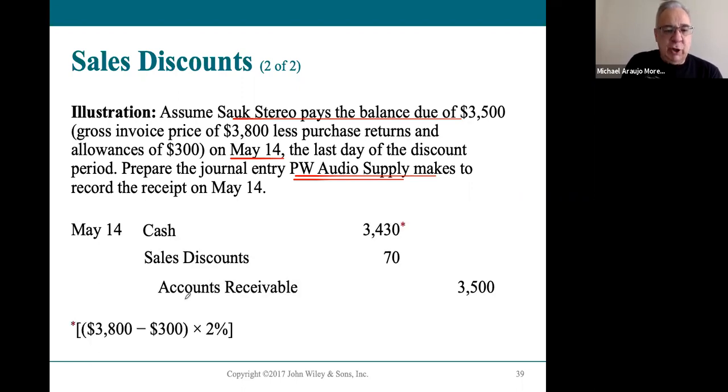Well, first thing they're going to do is show that they received $3,430 in cash. They're also going to show a debit to sales discounts, because that was the sales discount for this. And of course, they're going to show that their entire receivable has been received. So they'll credit the receivables account, and that particular account is satisfied.